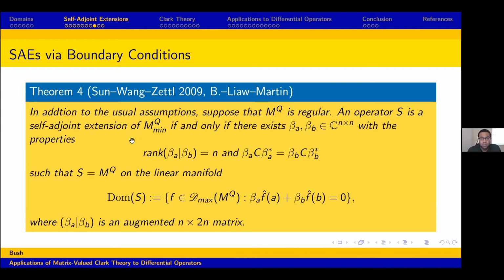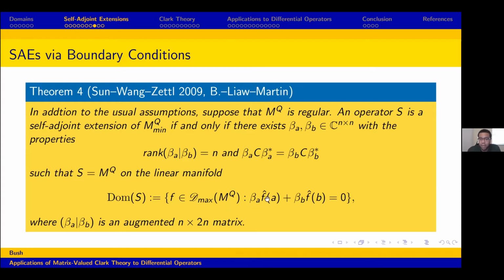So if you have these two matrices that are n by n, beta A and beta B, such that the rank of the augmented matrix, if you simply smush them together, is total n. They're equal to each other via this intertwining matrix C, which is just going to be -1, 1, -1, 1 on the off diagonal, everything else 0 in that matrix, such that you have the following.